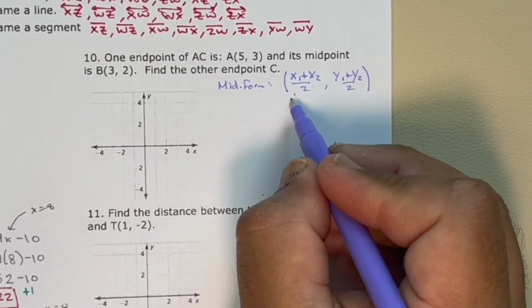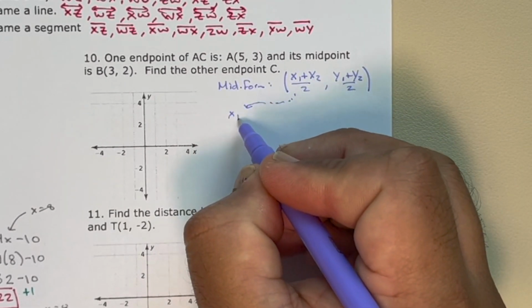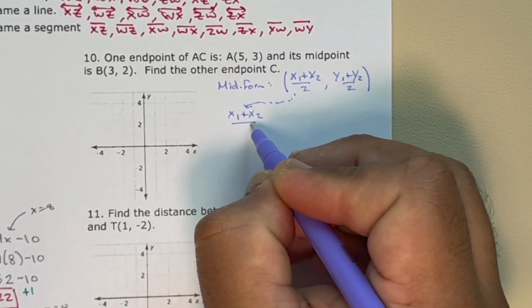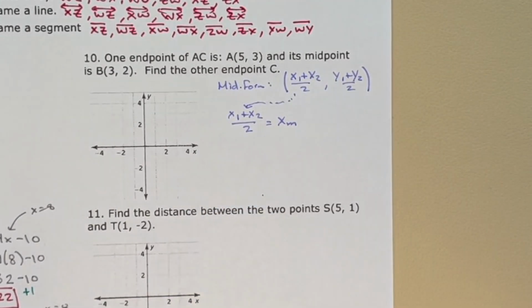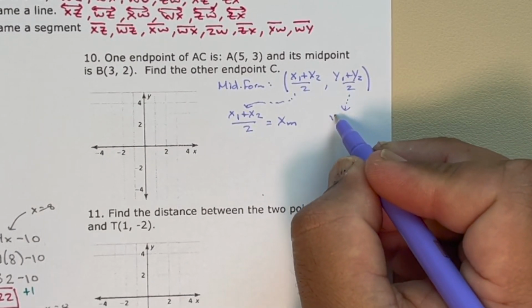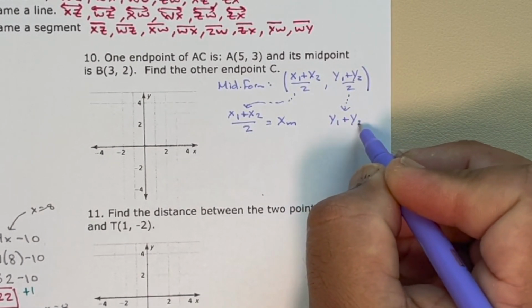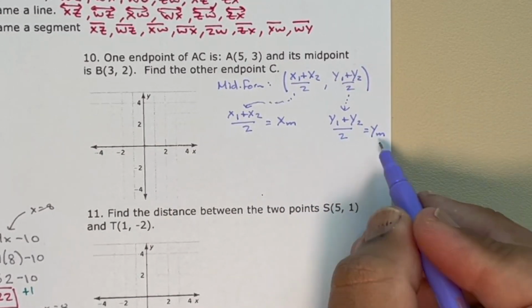When I use this, this tells me the x value of my midpoint. When I use this side, that tells me the y value of my midpoint. So I'm going to use ym. The m stands for midpoint.